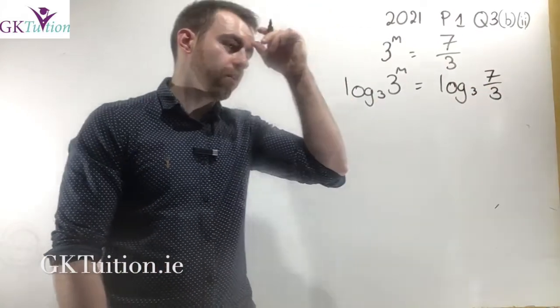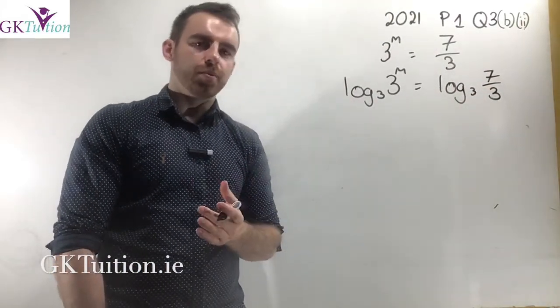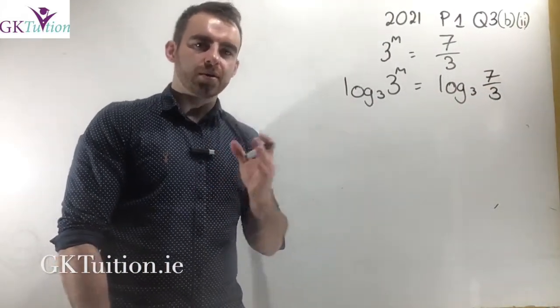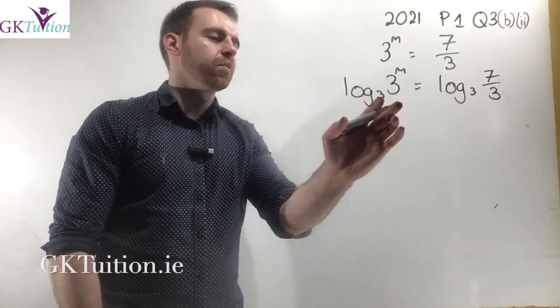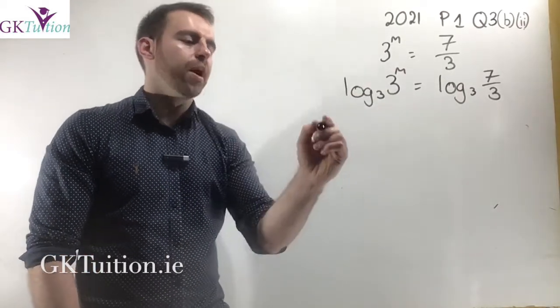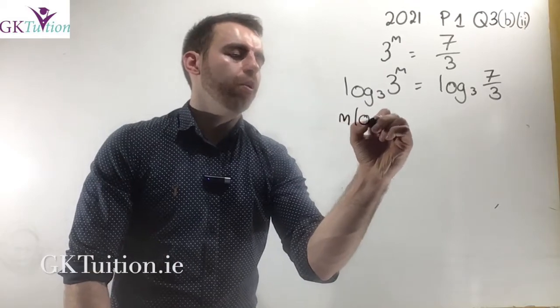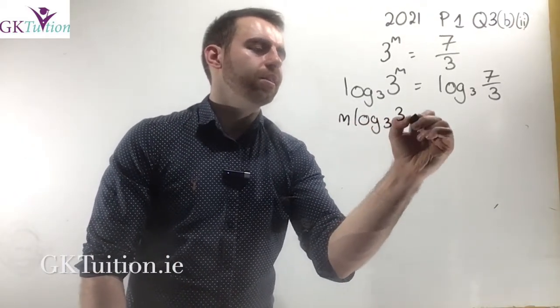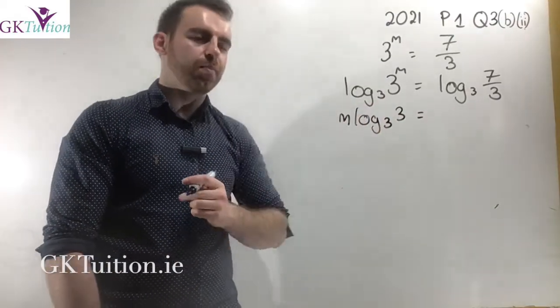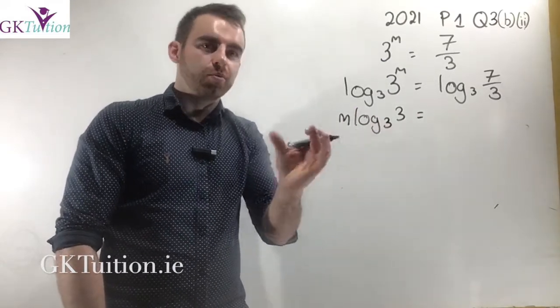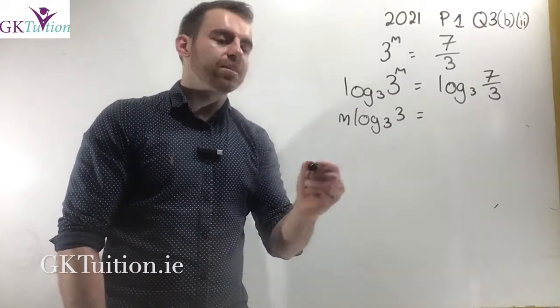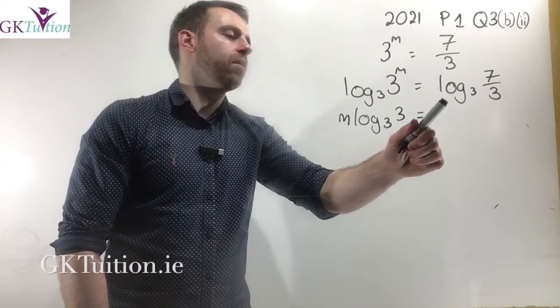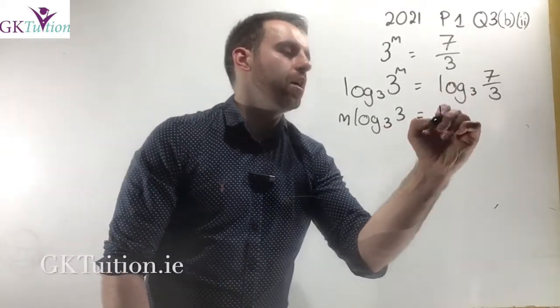Now, make sure you've got page 21 in your maths tables open. The third rule in the middle column tells me if I've log of something to a power, I can just bring the power in front. And that's the whole point of introducing logs here, is that we can eliminate the unknown in the power. No more power, so we're definitely happy with that. The second rule tells me that if I've log of 7 over 3, I can rewrite that.